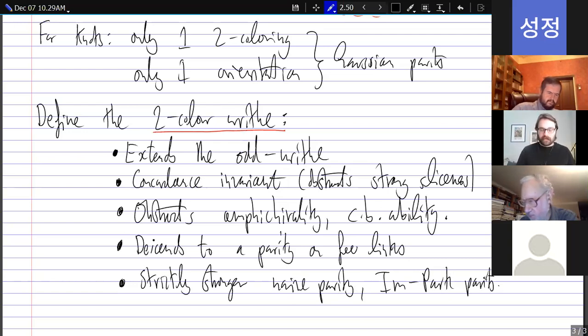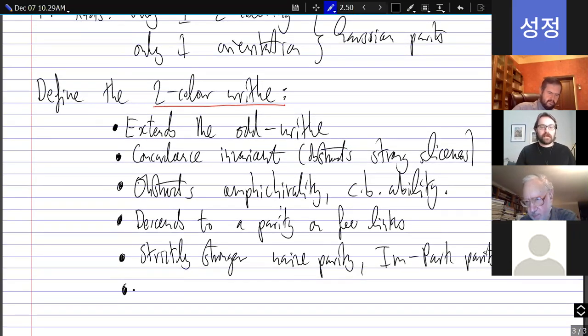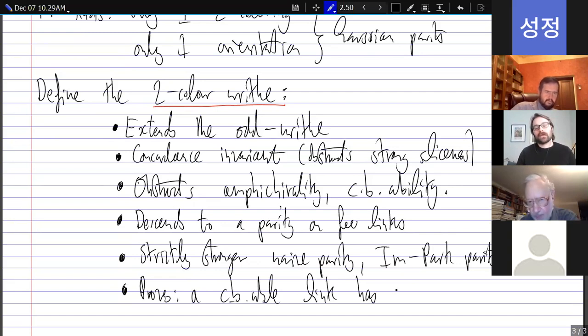And finally, the application I'd like to finish with is that it allows you to prove that a checkerboard colorable link has a checkerboard colorable minimal genus diagram.